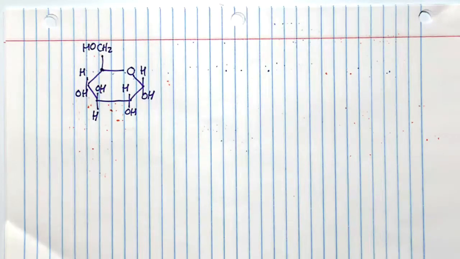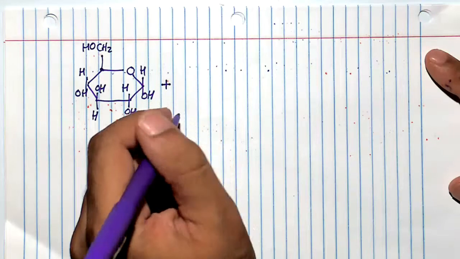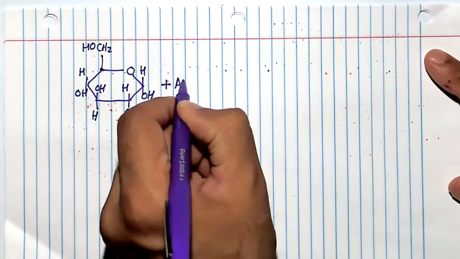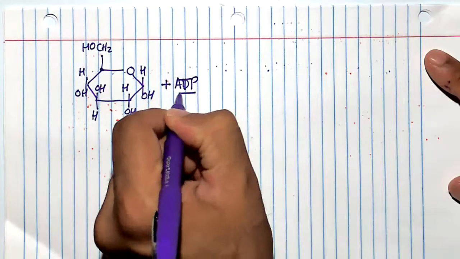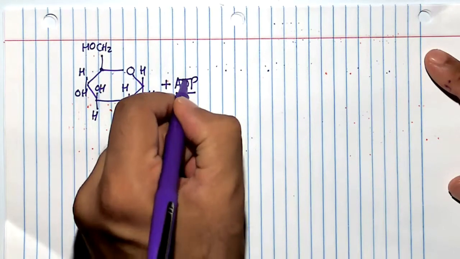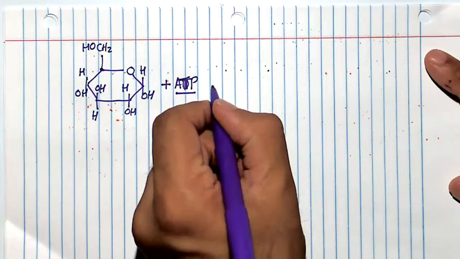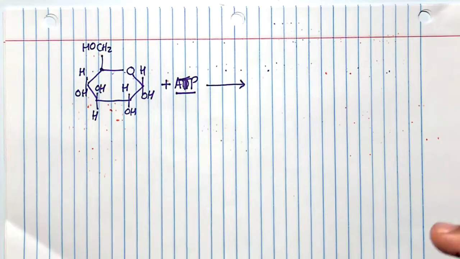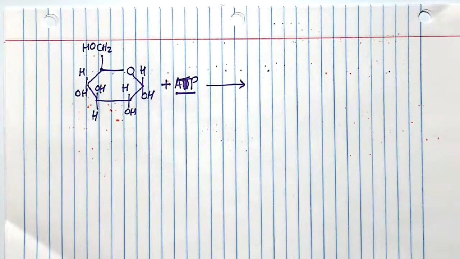Okay, so what happens in the first step of glycolysis, in reaction 1, ATP is actually utilized. So you are expending an ATP molecule. Okay, and this is basically priming that number 6 carbon.